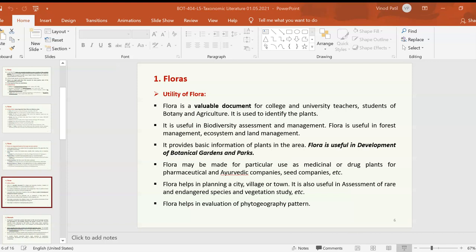Flora helps in planning a city. Avenue plantation, for an example. What is avenue plantation? That is the plantation of the trees which can flower beautifully with the different seasons. So these plants can be planted along the roadsides. Those are called avenue plantations or city plantation.